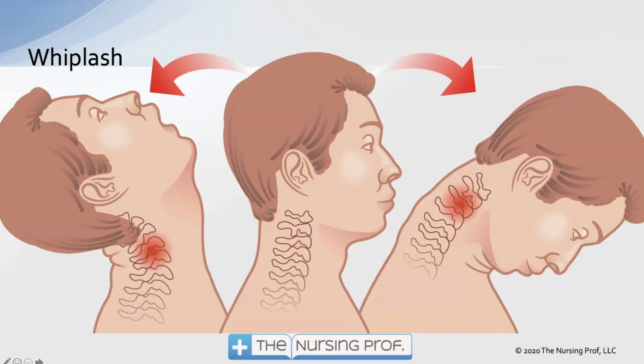If the car was hit from behind, we'd have the hyperextension first, and then the head would whip back into the forward position and the hyperflexion. So we're getting both injuries occurring to the cervical spine at the same time. Oftentimes, this just causes some injury to the muscles and to the ligaments, but it can also cause bony injury as well.